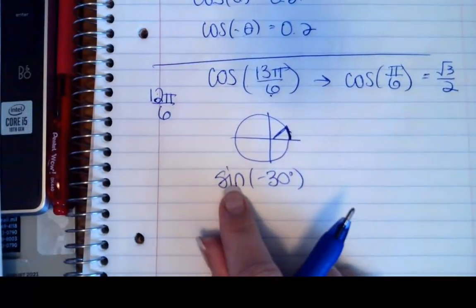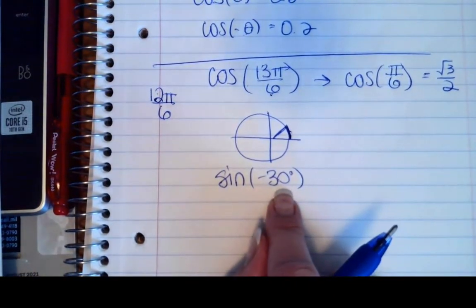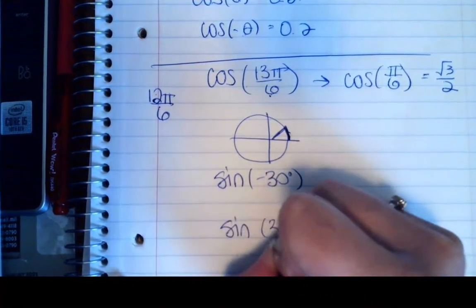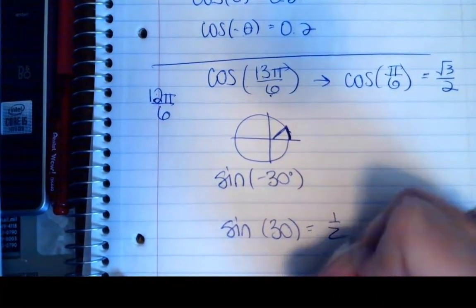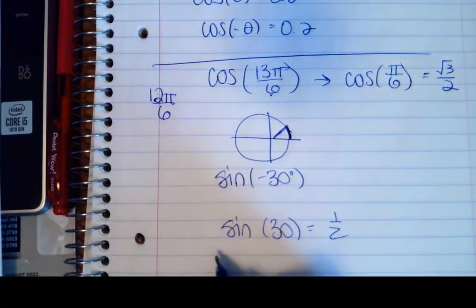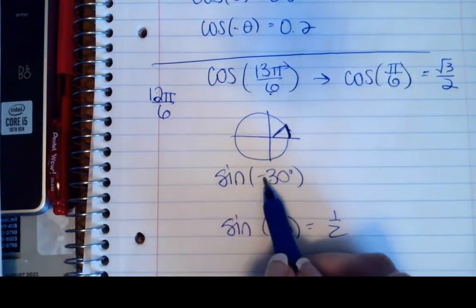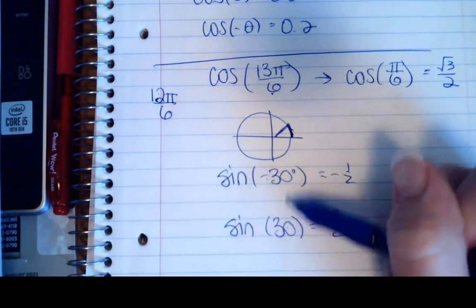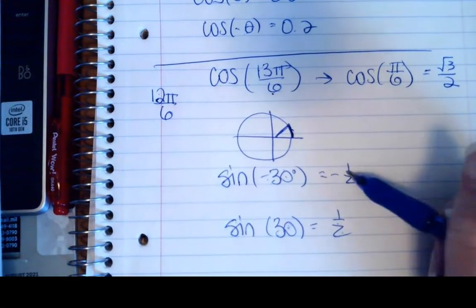Recognizing that the sine of negative 30, I can figure out that the sine of positive 30 is positive 1/2. Because sine is odd, the sine of negative 30 will be negative 1/2. So if I change this sign, I better change that sign.